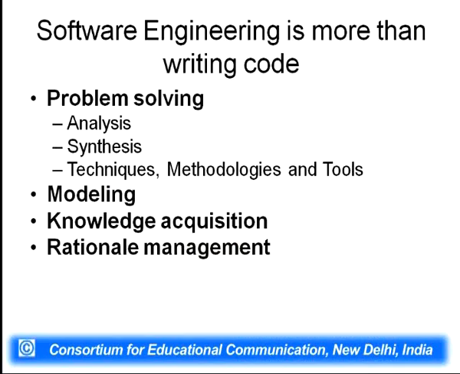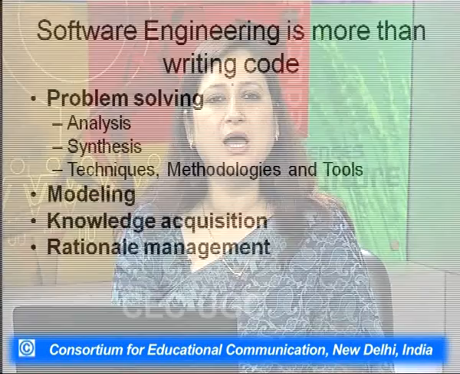The first and the foremost thing that we talk about in software engineering is that it is an exercise of problem solving. When I say the word problem solving, it means that a problem is given to you and you are supposed to provide a solution which is cost effective, timely, correct and efficient to the user. Now, the first step which comes in problem solving is analysis.